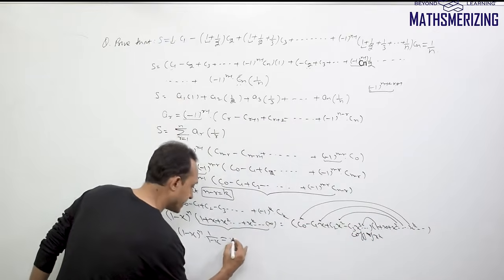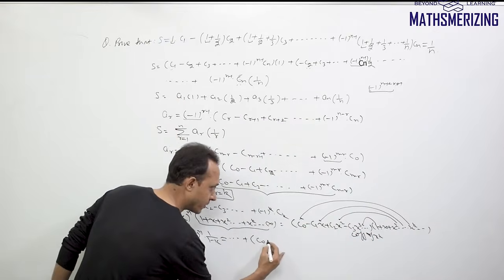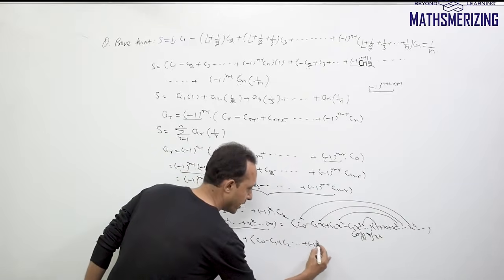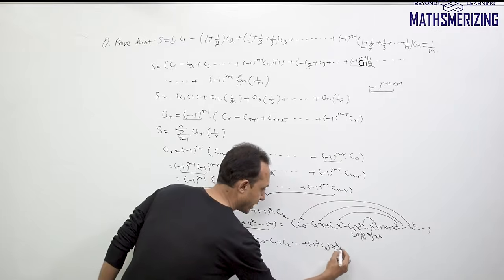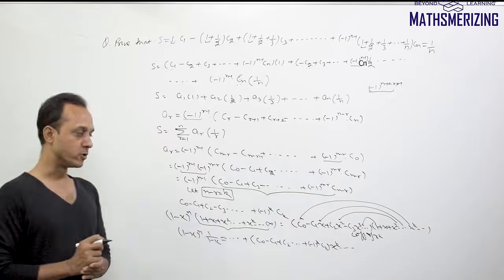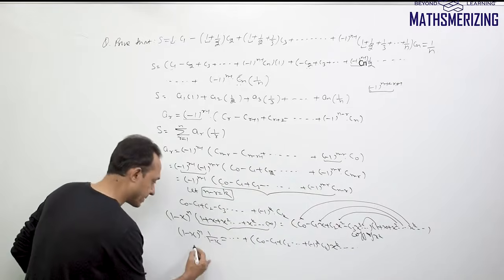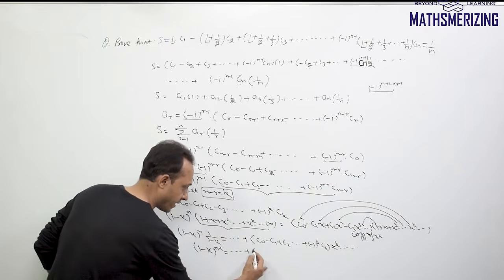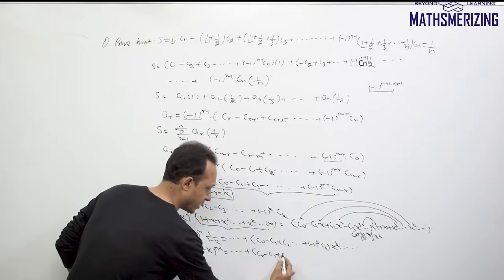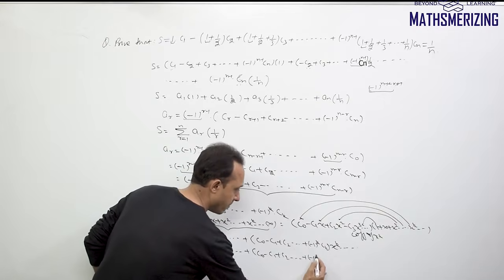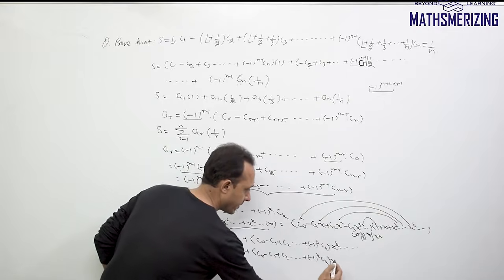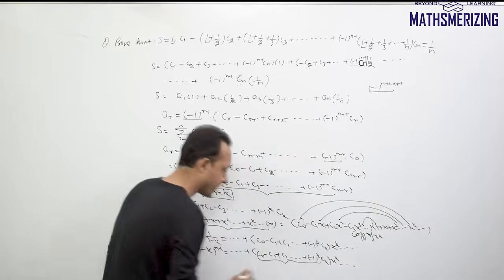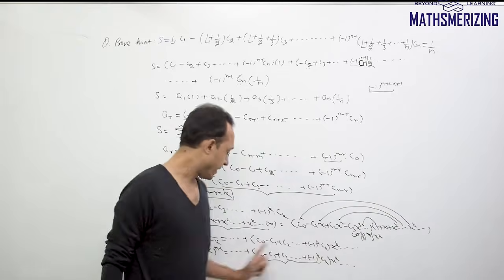So on the right hand side, I can express it as C0 minus C1 plus C2, and then minus 1 to the power k Ck. It is nothing but the coefficient of x to the power k. So here I can write it as 1 minus x to the power n minus 1, and here will be C0 minus C1 plus C2 minus 1 to the power k Ck, times x to the power k.